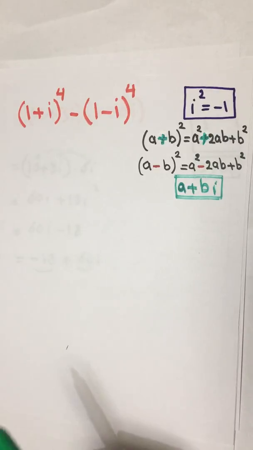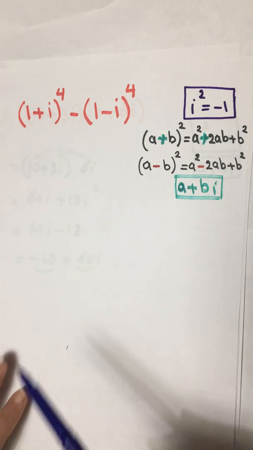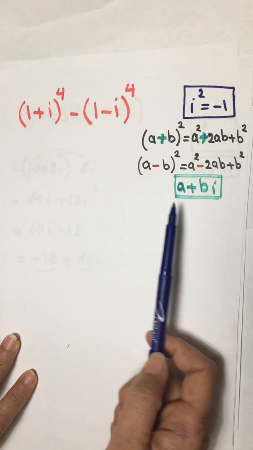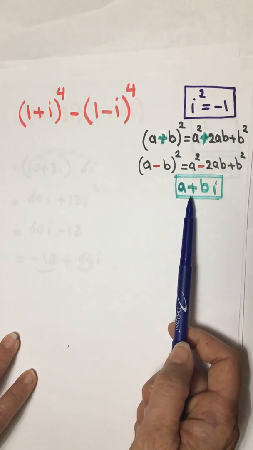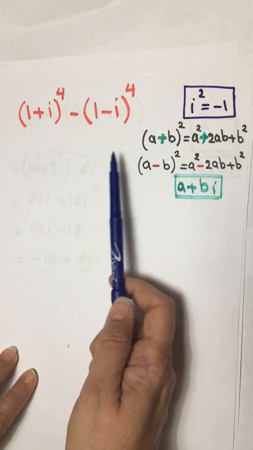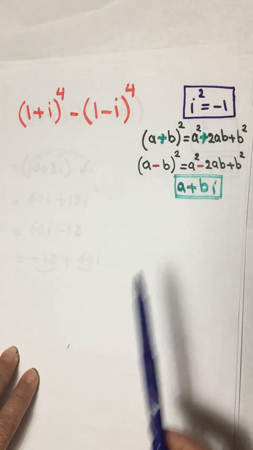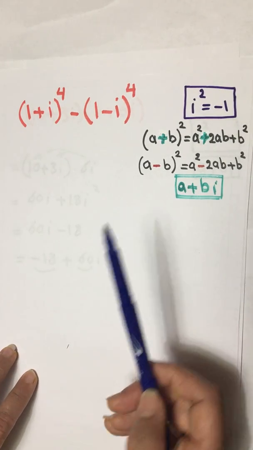1 plus I to the power 4 minus 1 minus I to the power 4. أريد أحوله إلى عدد عقدي بالصيغة A plus BI. I have to convert it to a complex number A plus BI.